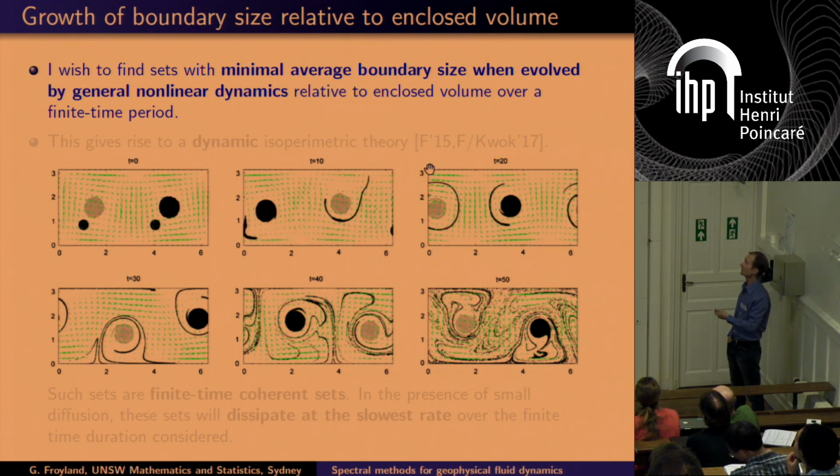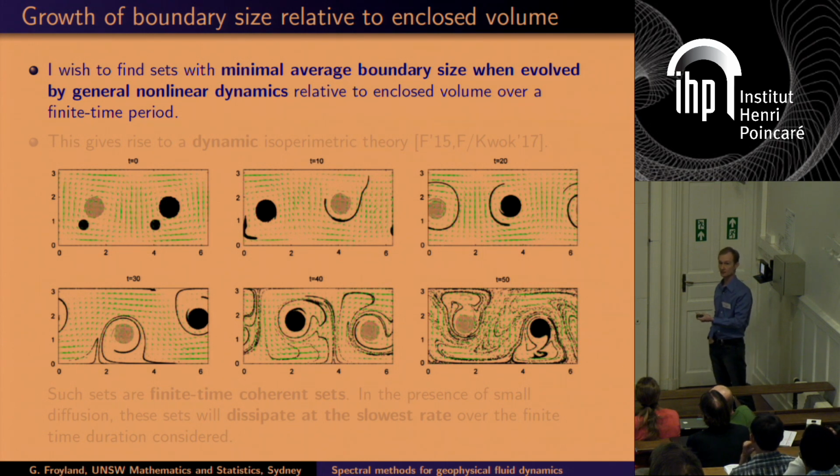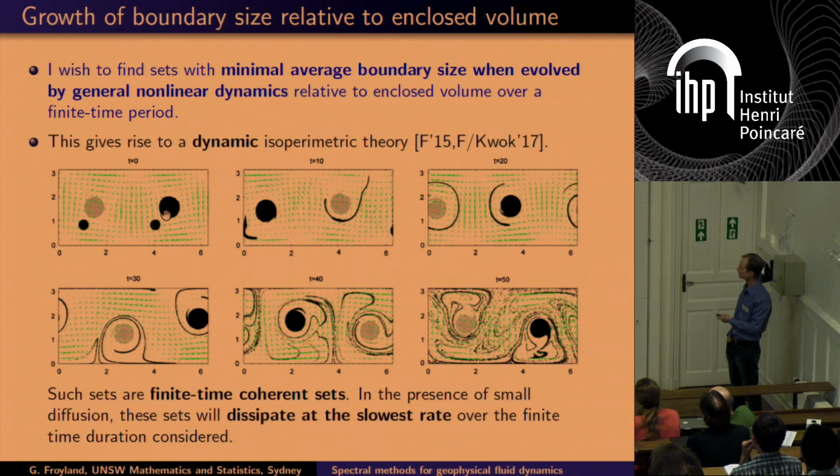Okay? So if I were to search for sets that had persistently small boundary to volume ratios, this would identify these types of sets that I'm looking for. Okay? These are the ones that are going to dissipate most slowly.